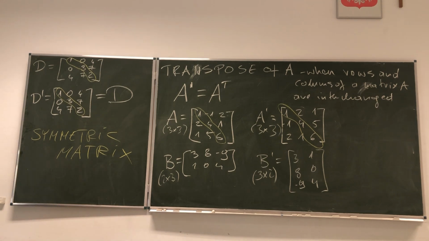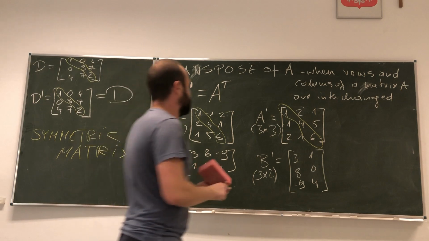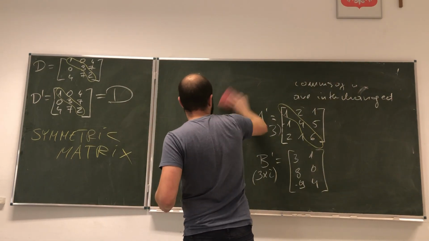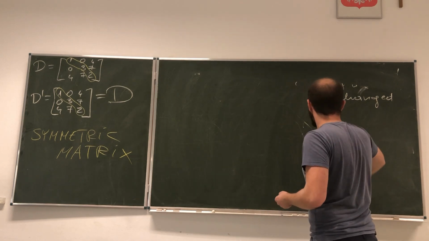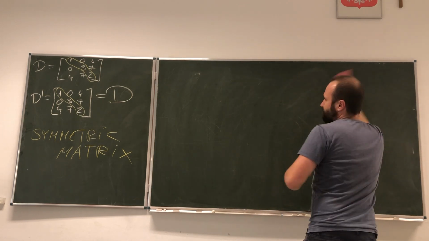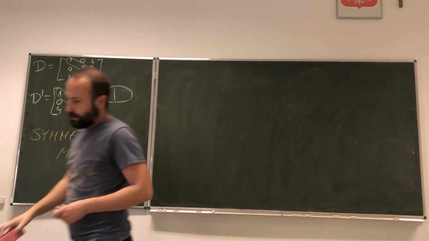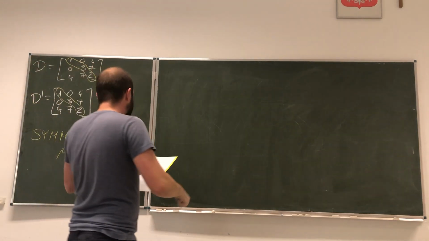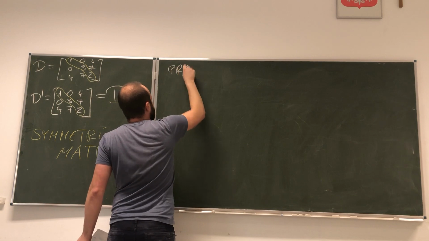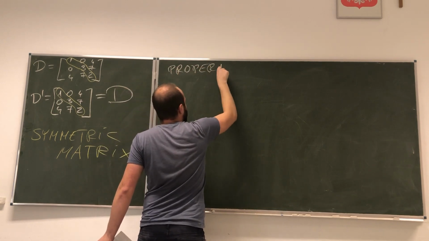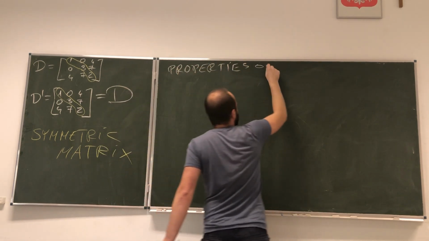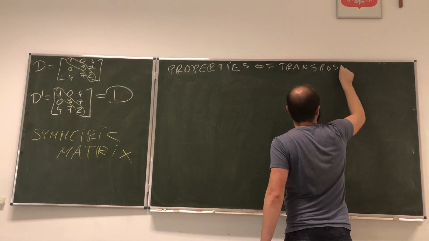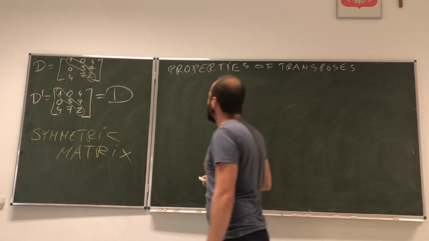Let's now review some properties of transposes. We will not be proving them, but we will illustrate all of them using examples. So we've got three main properties of transposes, and they work like this.